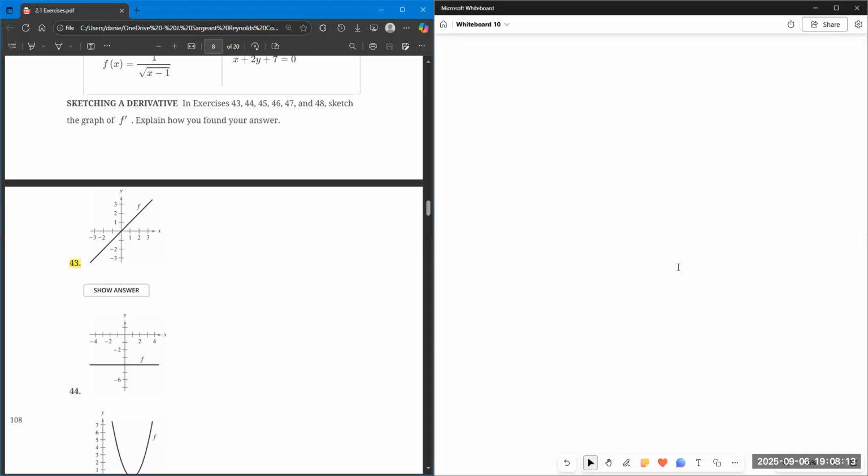So you can just trace right over top of that here for the tangent line if you would like. That blue line is f prime.